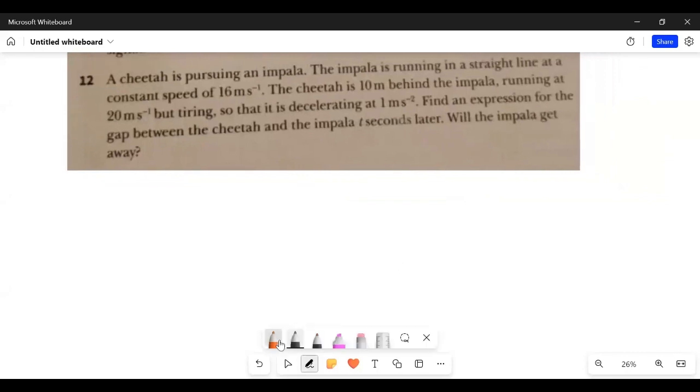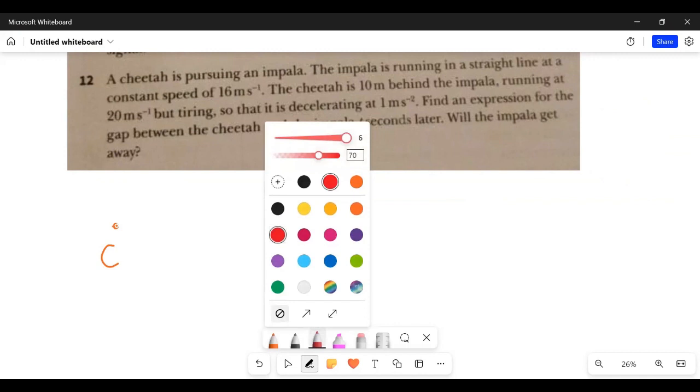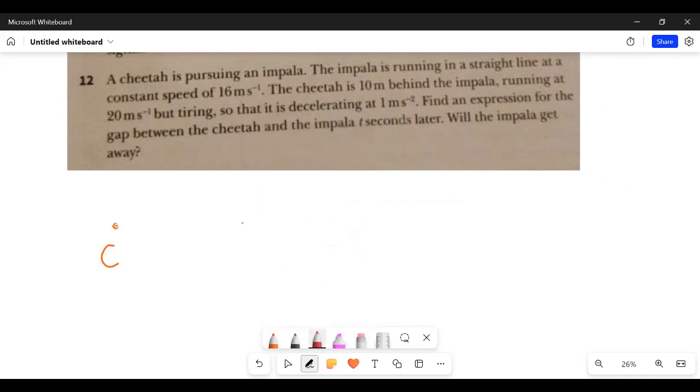Okay, so there's a cheetah C and there's an impala. So this cheetah is pursuing an impala. Impala is probably a deer type of animal, but I don't know if the kids know what a deer is.